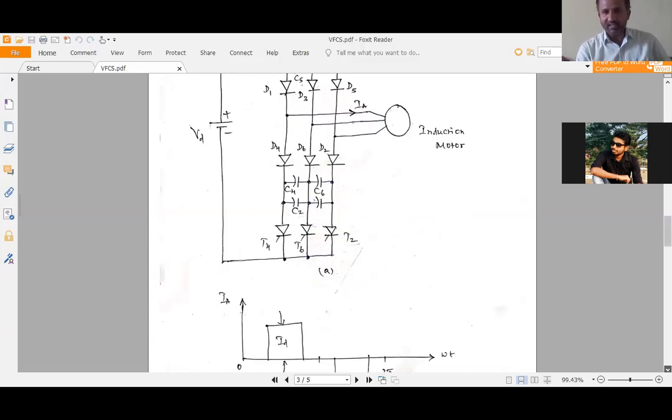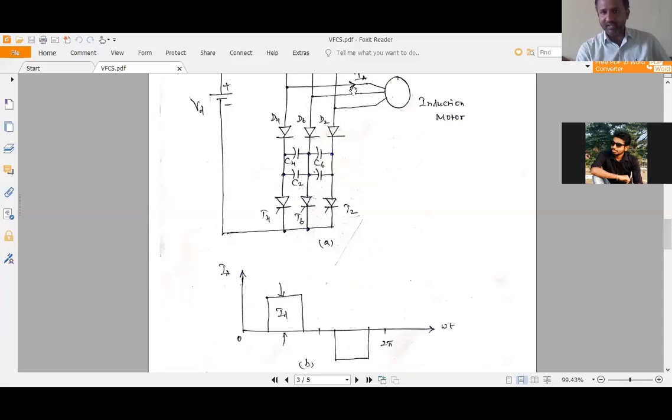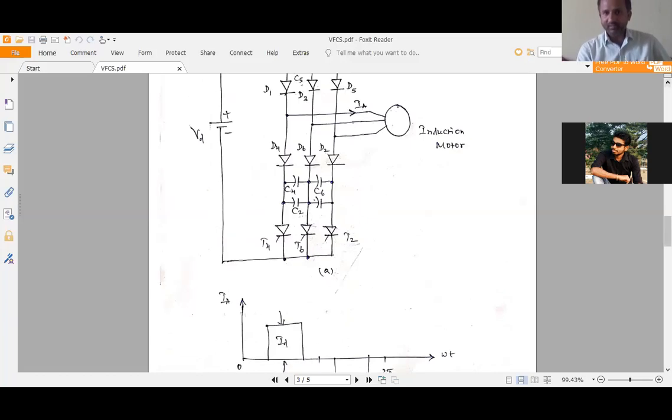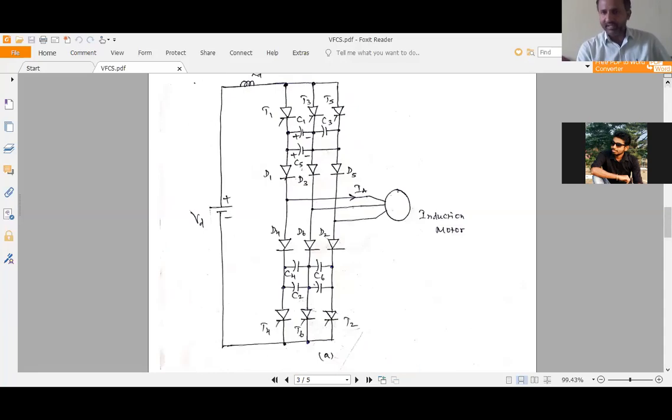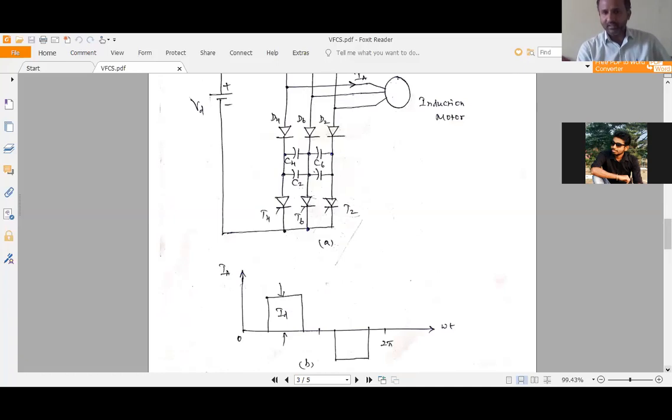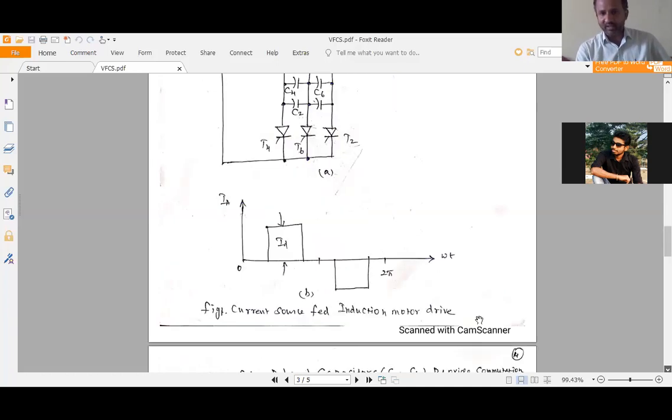Here IA is the phase current, along with IB and IC, but only IA is shown. ID is the DC current flowing through VD, and IA is the current feeding the induction motor drive.